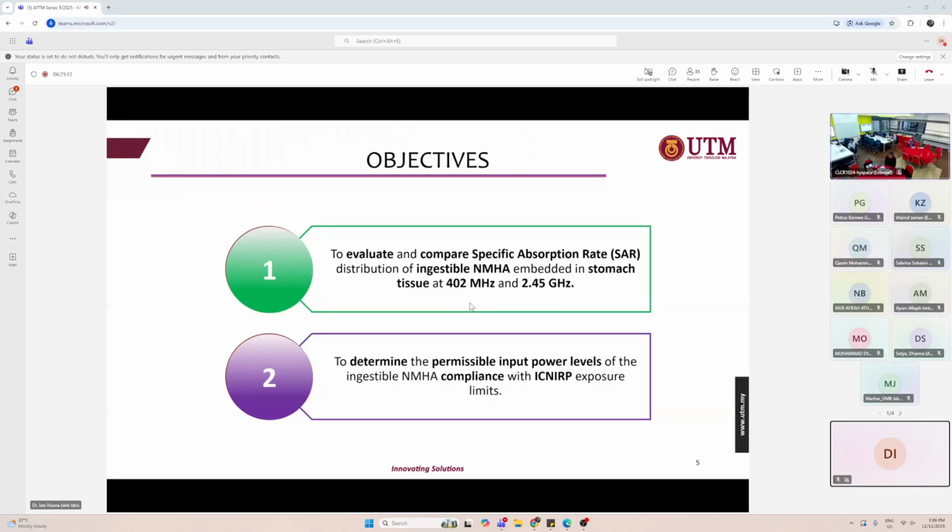So our aims in this research are, first, to evaluate and compare the SAR distribution of the normal mode helical antenna embedded in stomach tissue at two different frequency bands, and second, to determine the permissible, or allowable, input power levels for this kind of antenna design that complies with the ICNIRP exposure limits.